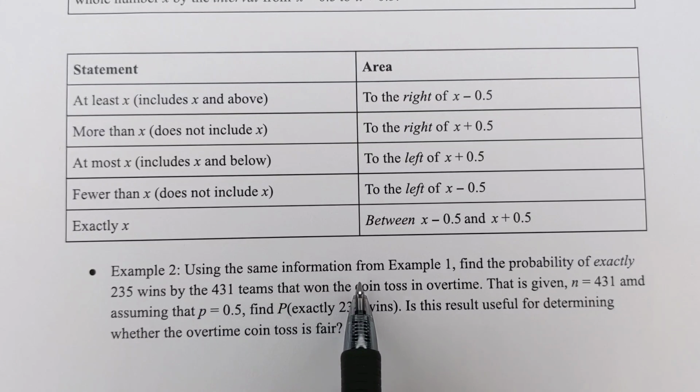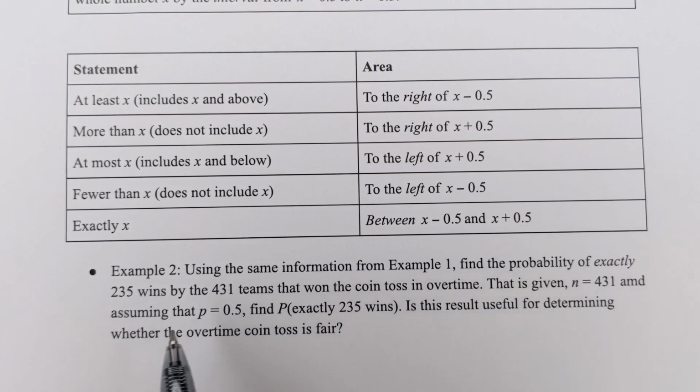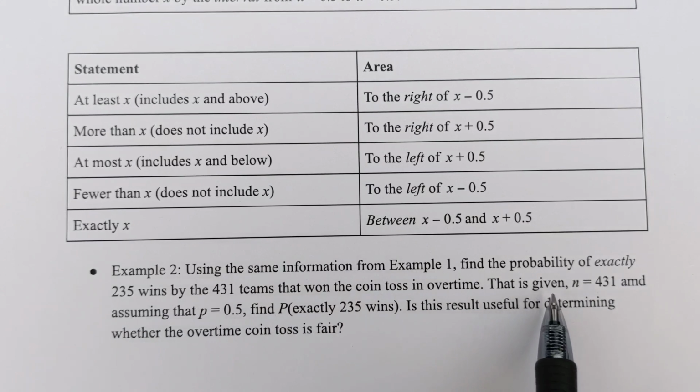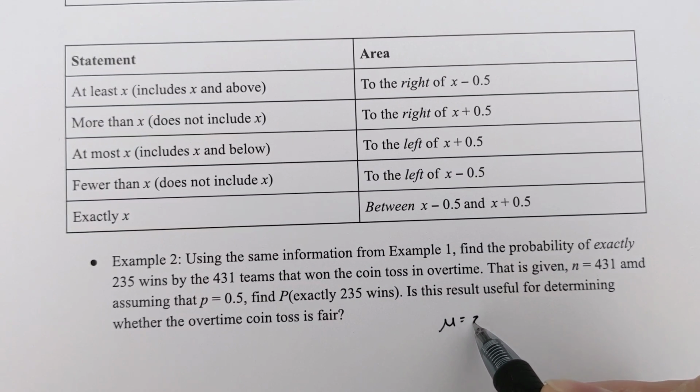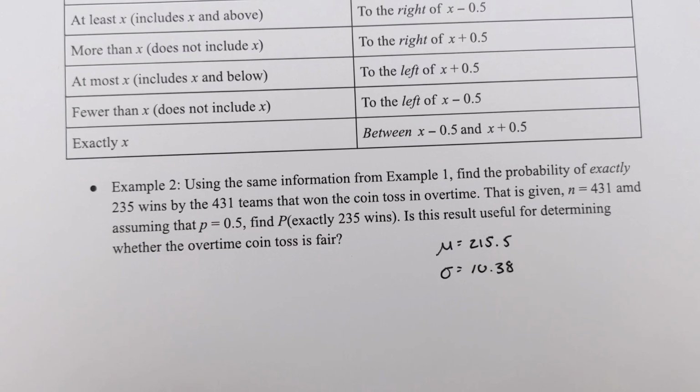So using the same information from example 1, find the probability of exactly 235 wins. That is, given all that, find exactly 235. So we're doing the exactly here. So the average was 215.5. Our standard deviation was 10.38. I'm just copying these numbers down from the previous problem. So I need to find two z-scores.